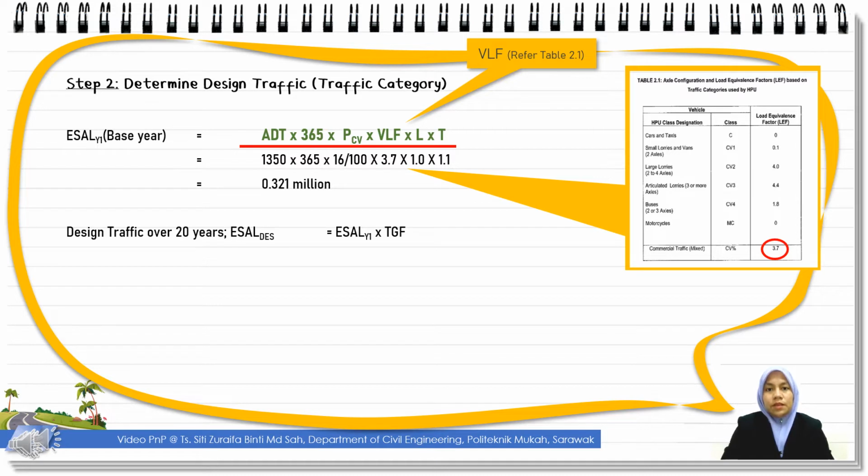After you get the number of axles for the design lane and base year, you must continue to design traffic over 20 years axle design by using the following formula. To get the value of TGF, you must refer to Table 2.